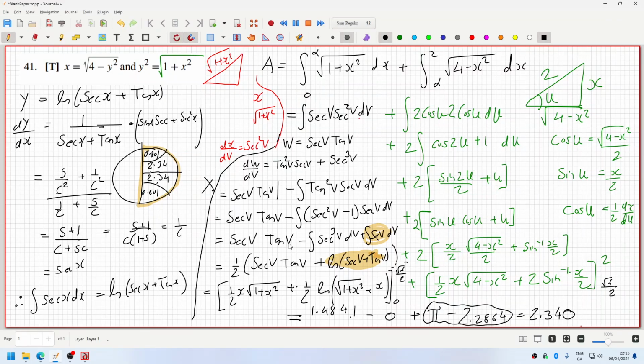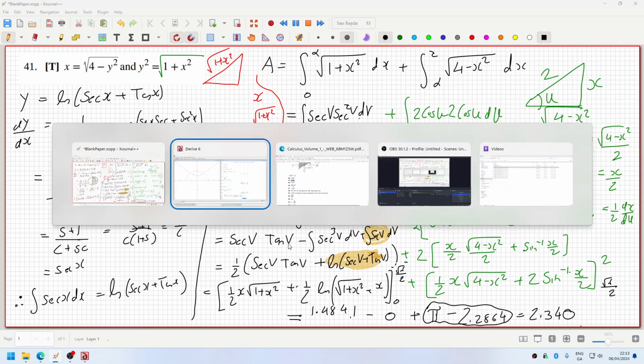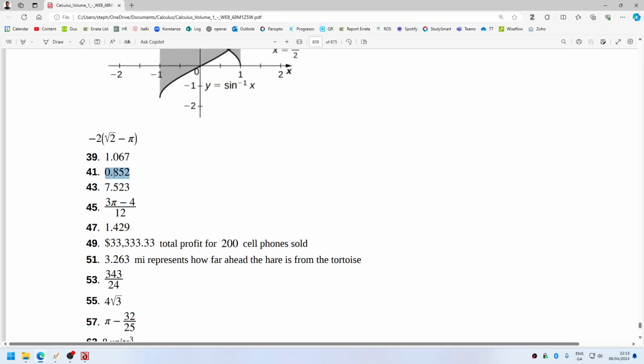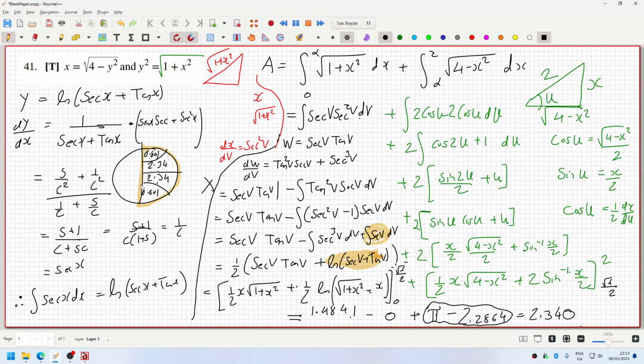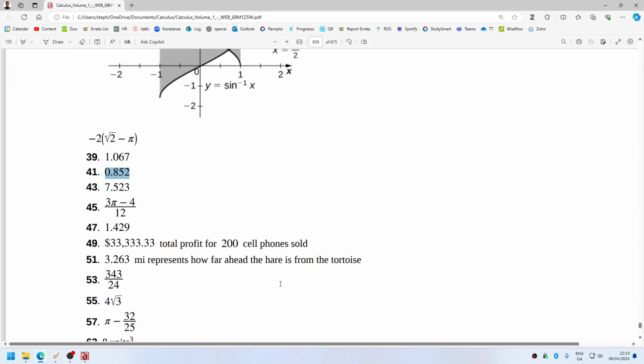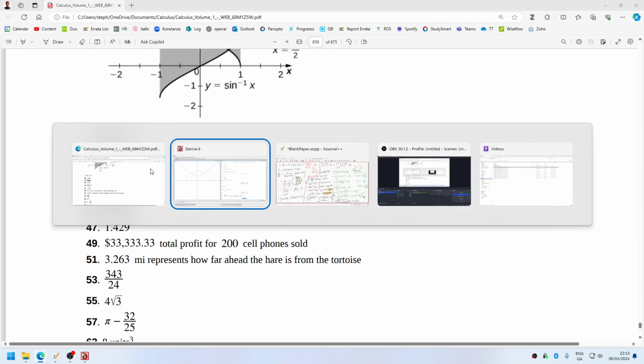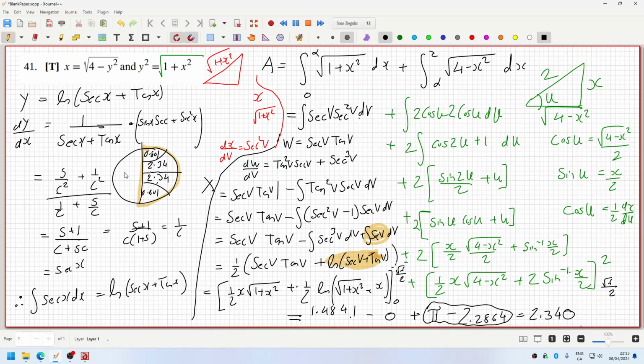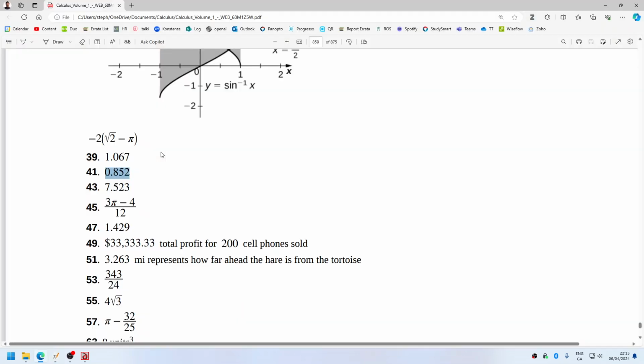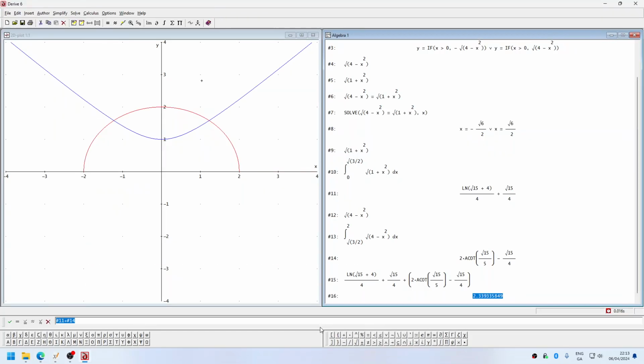Just replace the same. Okay, so why does the answer differ with the one at the back so much? 0.852. So I guess they probably, actually, now that I think about it, if it's the area bound between the two, they probably want this. So it'd be pi minus that answer.